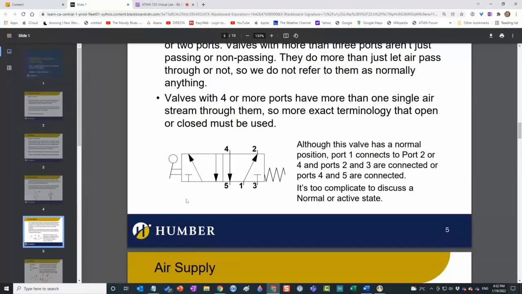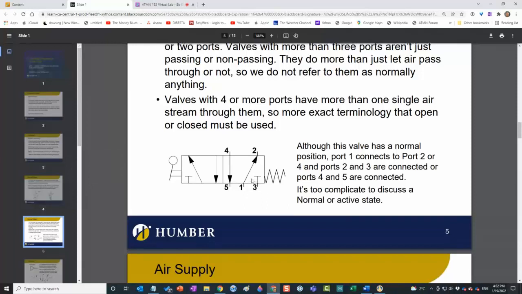So what's going on here is this is a 5-port valve. Now, it has a spring on it, so it has a normal condition, but it's not either normally open or normally closed, normally passing or normally non-passing, because actually port 1 and 2 in this case are normally passing or normally open. Port 4 and 5 in this state are actually passing or normally open, and port 3 is blocked.